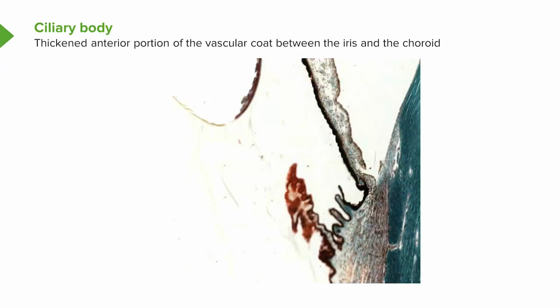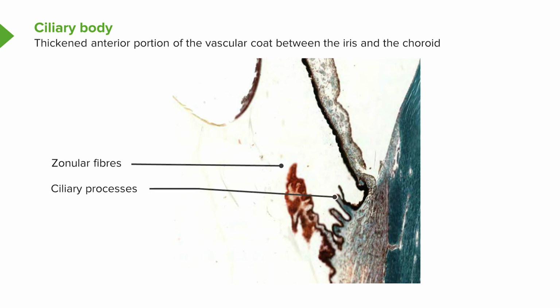So let's just go back and look at the image on the right-hand side. Let's look very carefully. You can see some of these zonular fibres extending from the ciliary processes. They're very hard to see in sections because often when you section through the eye, you just don't happen to be lucky enough to get these zonular fibres.